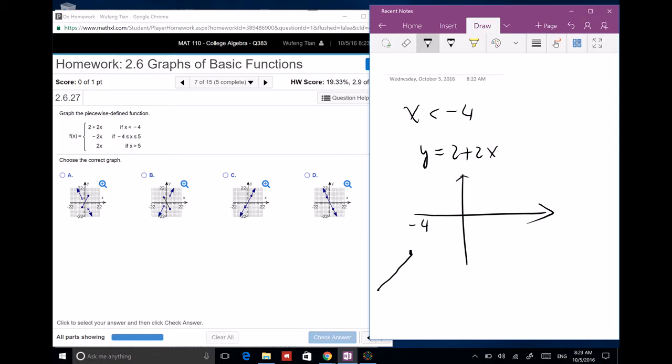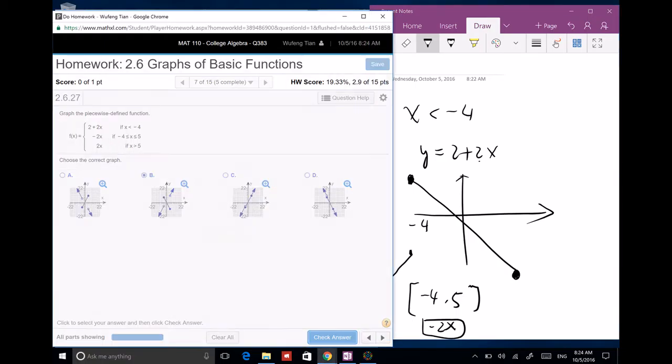And then -2x: you graph it from -4 to 5. -2 times -4 is +8. -2 times 5 is -10. So go to -10. Because it's equal on both sides, now we don't have to graph more because it's very obvious it's going to be here.